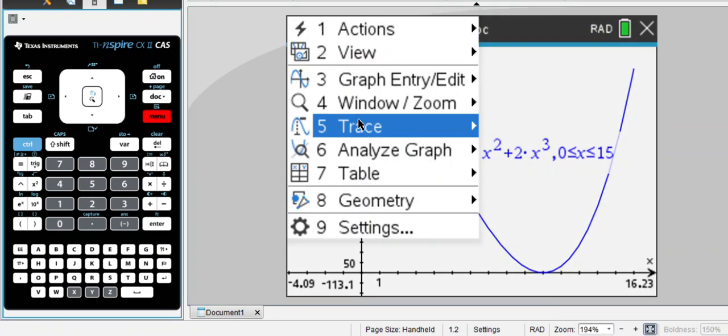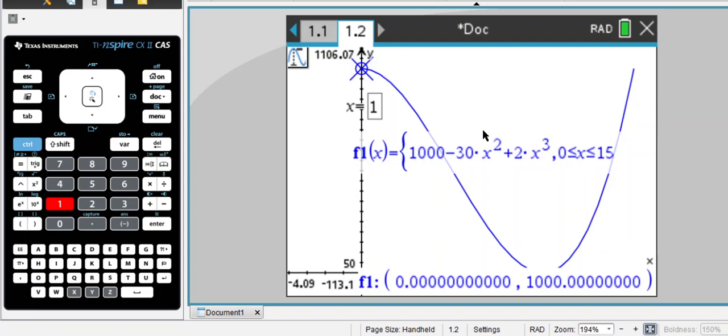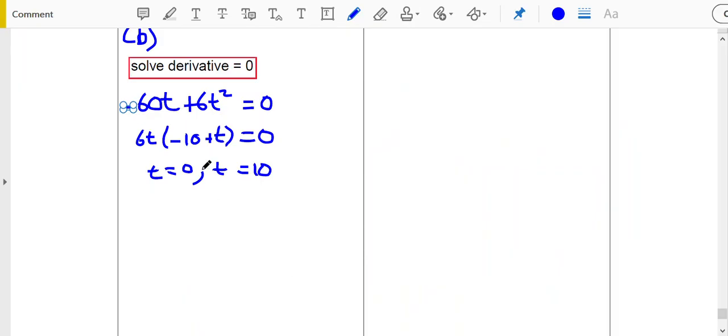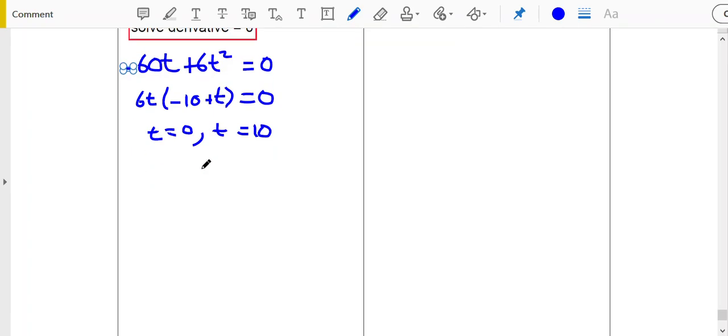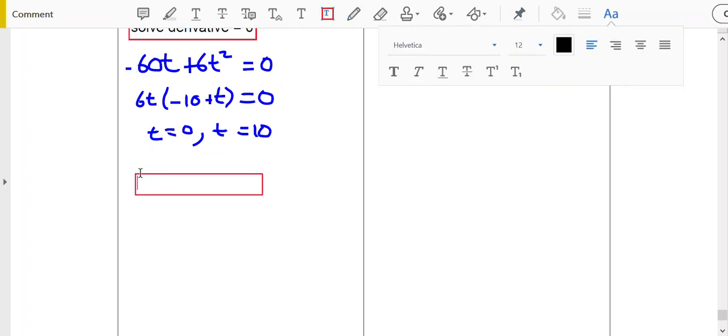So let's just trace the graph again and substitute 15 in, and you'll see that when t is 15, the rate of flow is 1,000. So the highest rate of flow possible, the maximum rate of flow, is 1,000. It happens 2 times, at t equals 0 and t equals 15. So I come back in here, okay, and I can just say max flow equals 1,000.